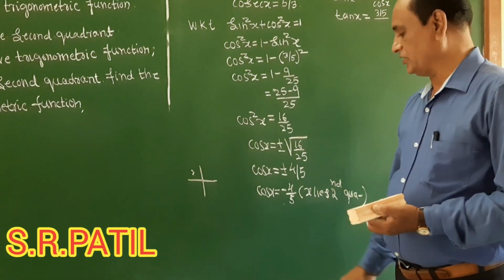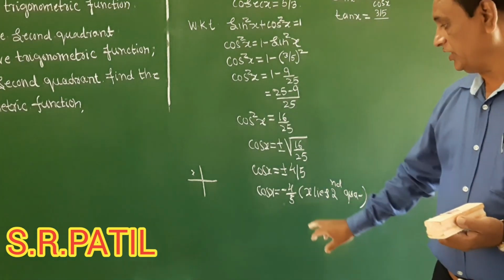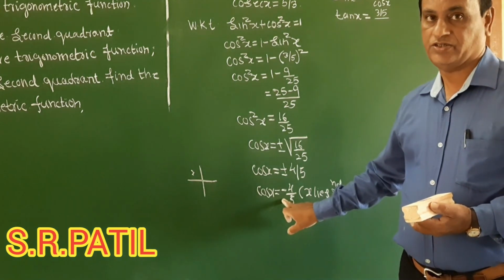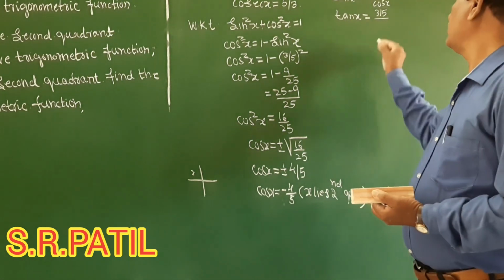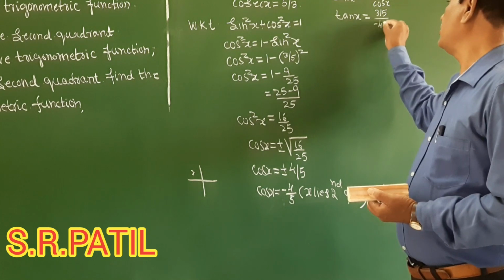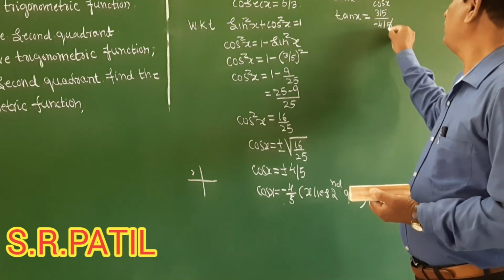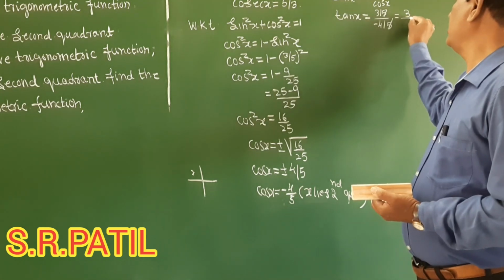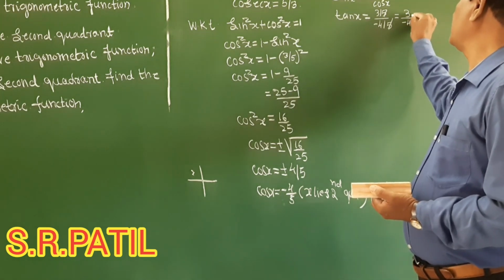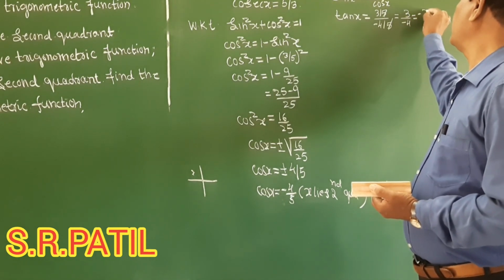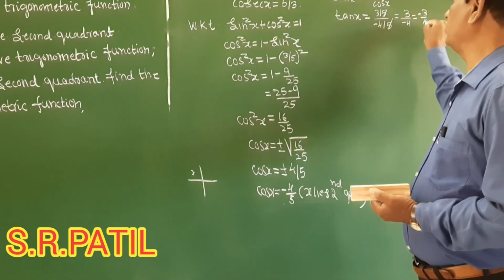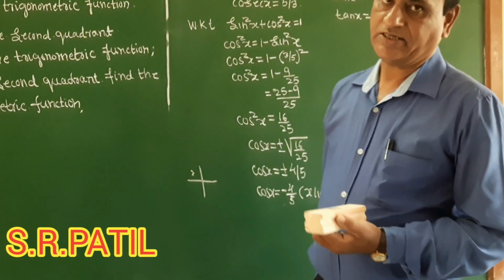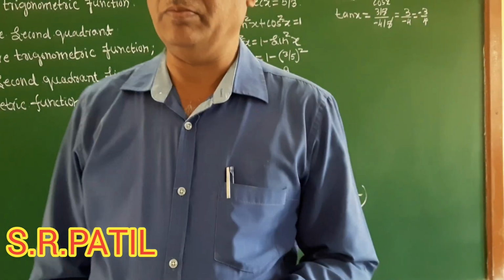Then cos x value already calculated is minus 4 by 5. So cos x means minus 4 divided by 5. 5 gets cancelled. Totally simply that is 3 divided by minus 4, so minus 3 by 4. So tan x value is minus 3 by 4.